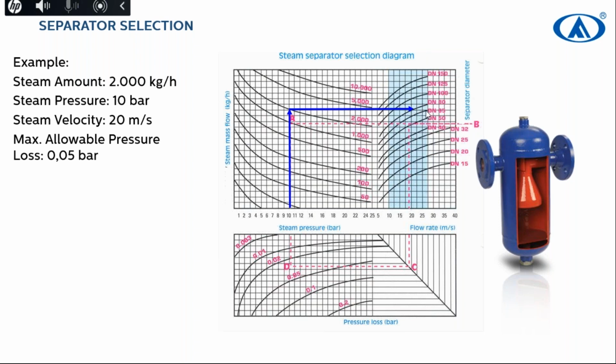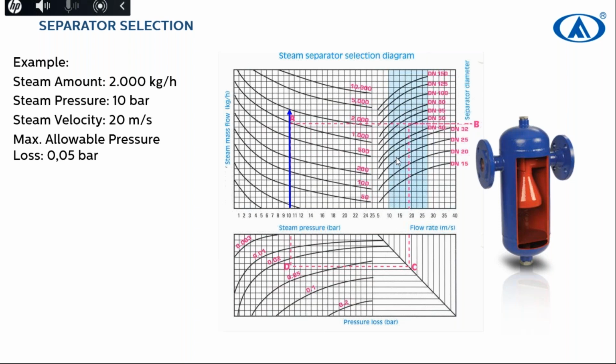And then we will check if DN80 is good enough with pressure loss. We will check to the C point, to the C line, and we will find the D point. And if the D point is 0.05 bar pressure loss, maximum allowable, it's okay for us. And here is your separator, DN80 SPR16B.